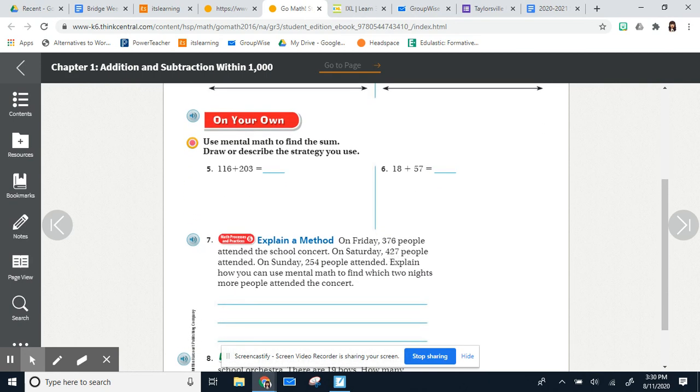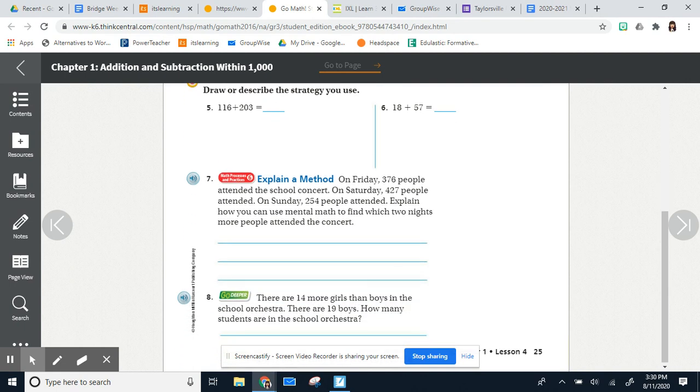All right. So I'm going to actually squeeze in a word problem because I do like to do word problems. So I'm going to look at my Go Deeper question, number 8, at the very bottom. There are 14 more girls.